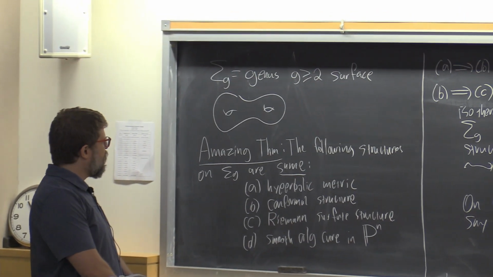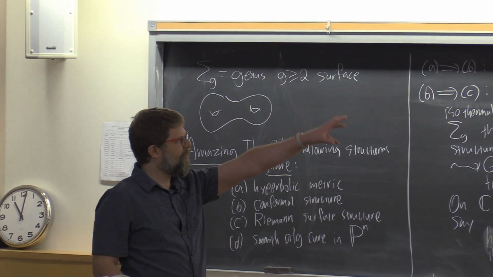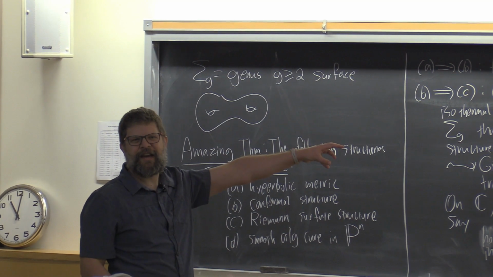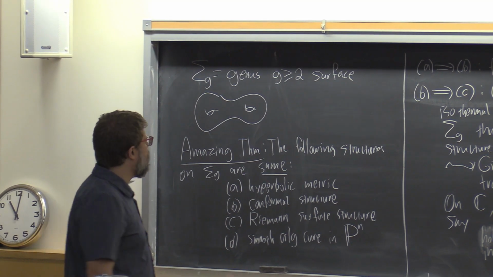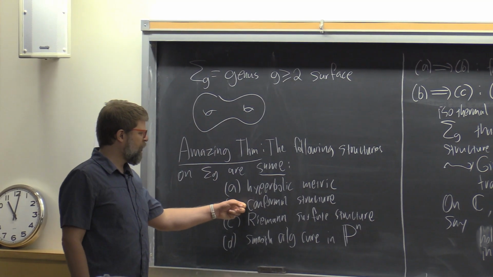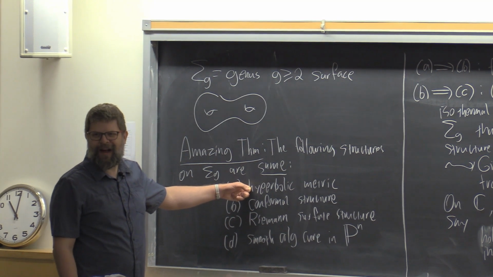From an algebraic curve. So these are very transcendental and confusing operations. They're not obvious identities between these. So for instance, tracing through these, what you see is that if you have a conformal structure on a Riemann surface, there is a canonical hyperbolic metric that realizes it.